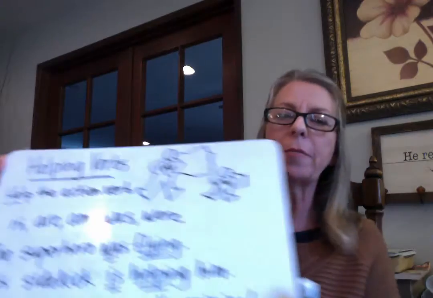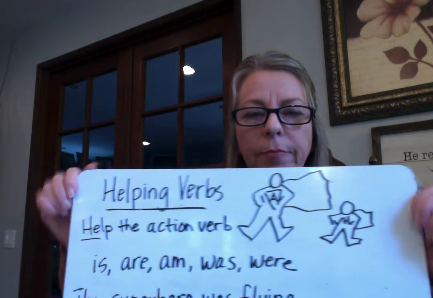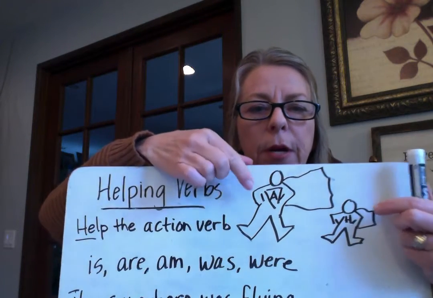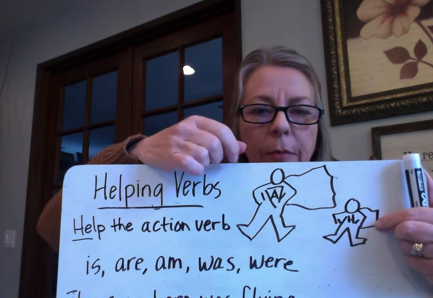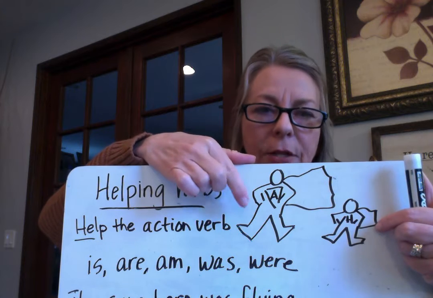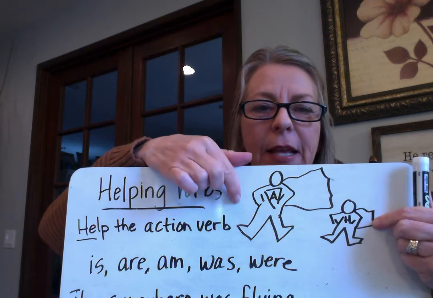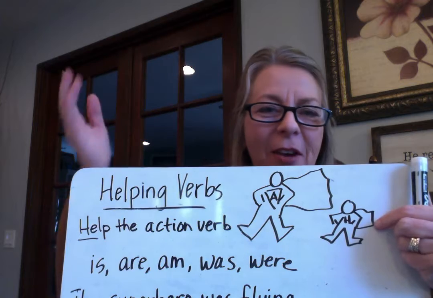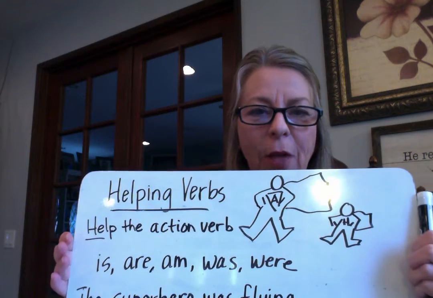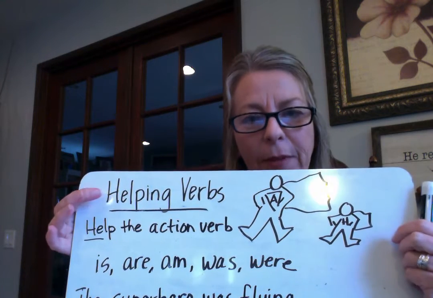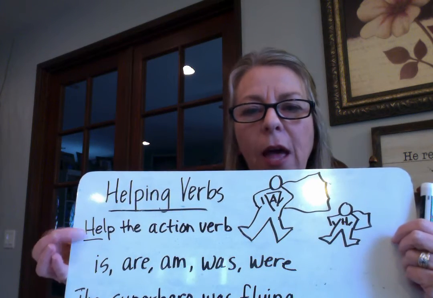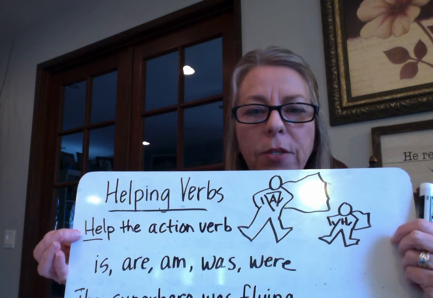And I know that's a little bit confusing, so I drew a little, this is the superhero, and this is the helping verb, okay? So the superhero is the action figure, and the helper is his little sidekick that helps him out, right? So you know how a lot of superheroes have a helping sidekick. That's what a helping verb does, okay? So helping verbs help the action verb, okay?